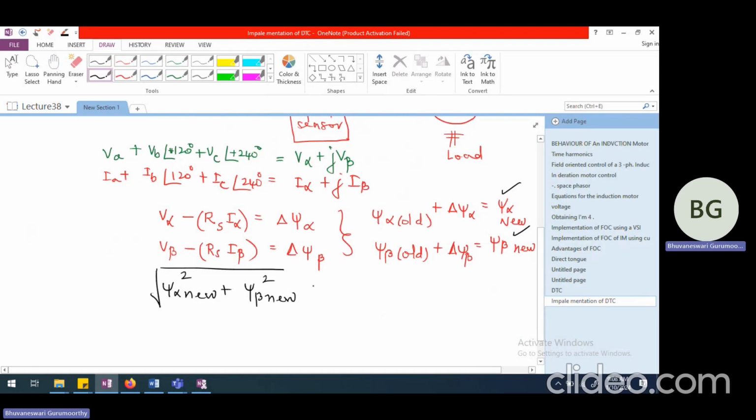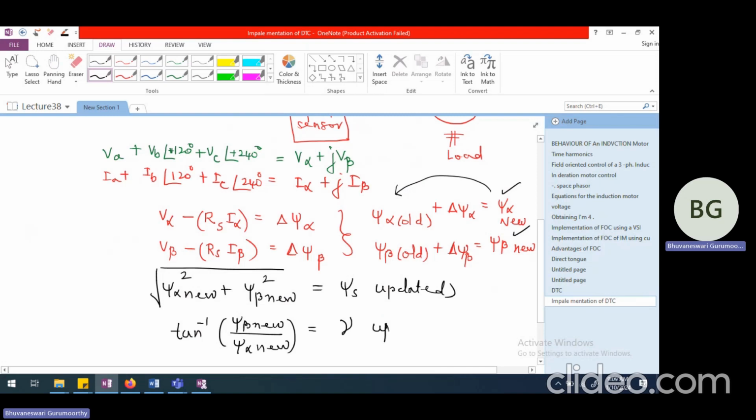The square root of this will give me psi s updated. Whatever is the new value will now replace the old value corresponding to the next step. When I go to the next step, all the new values will replace the old values, and the updated value will be calculated at every step. The same way, tan inverse of psi beta new divided by psi alpha new will give me gamma, that is updated.